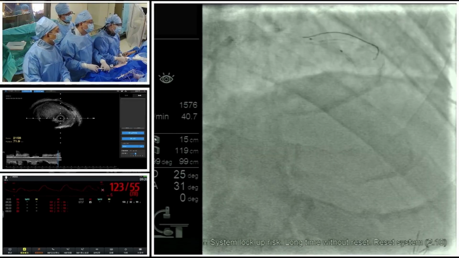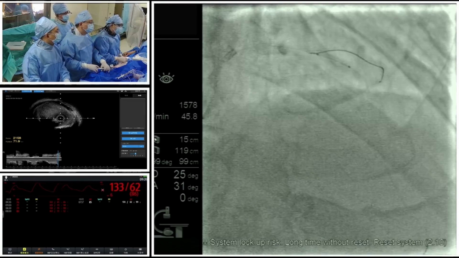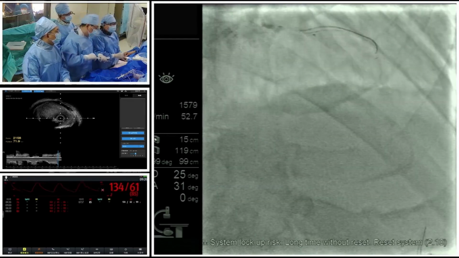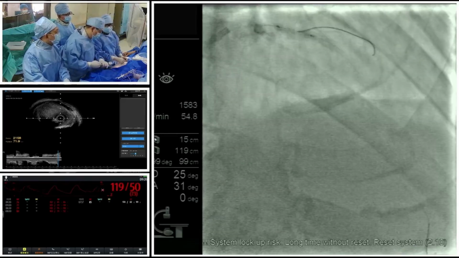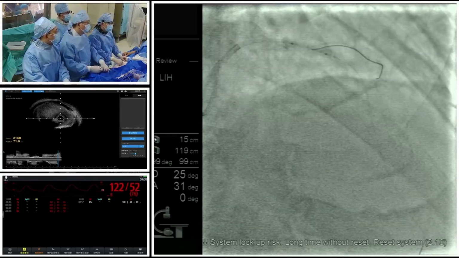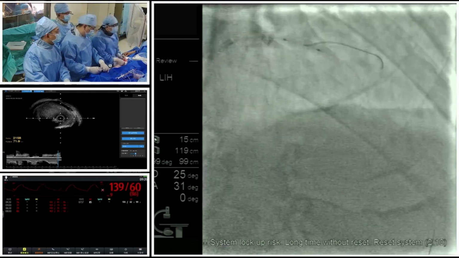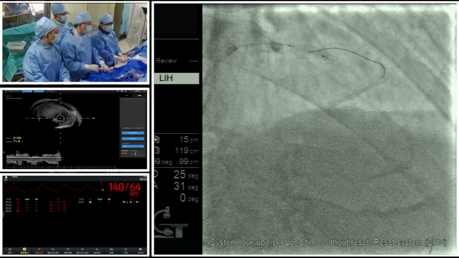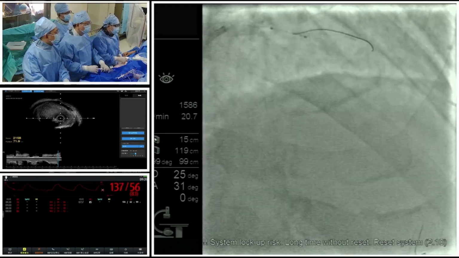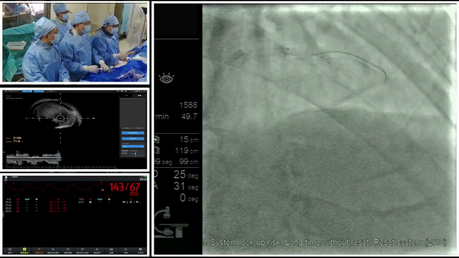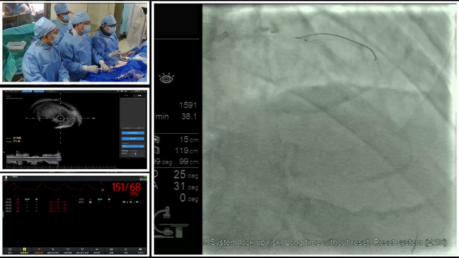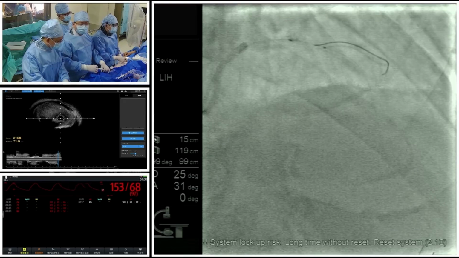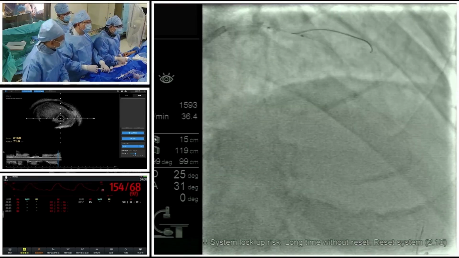For the patient after the virtual stenting, we can see the QFR will increase to 0.9, and the virtual stent will help us to choose the perfect stent landing zone for the proximal and the distal.